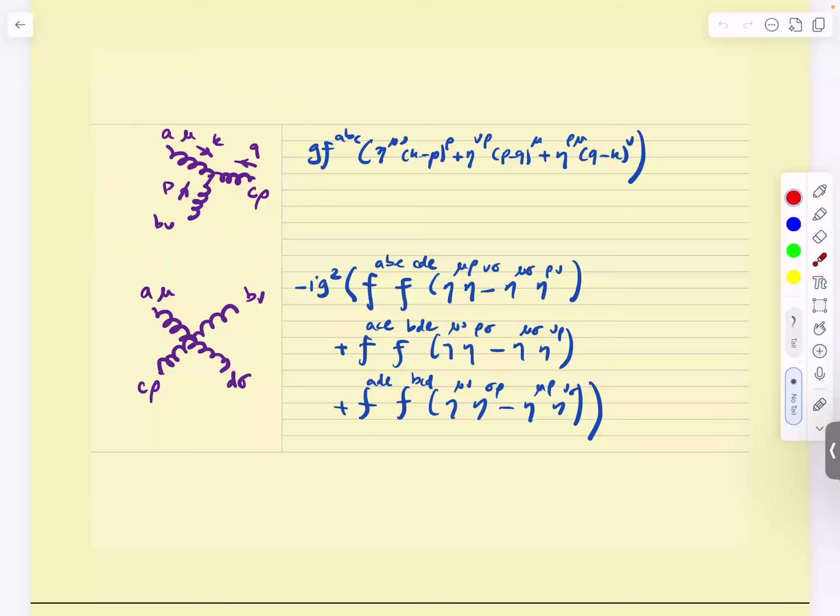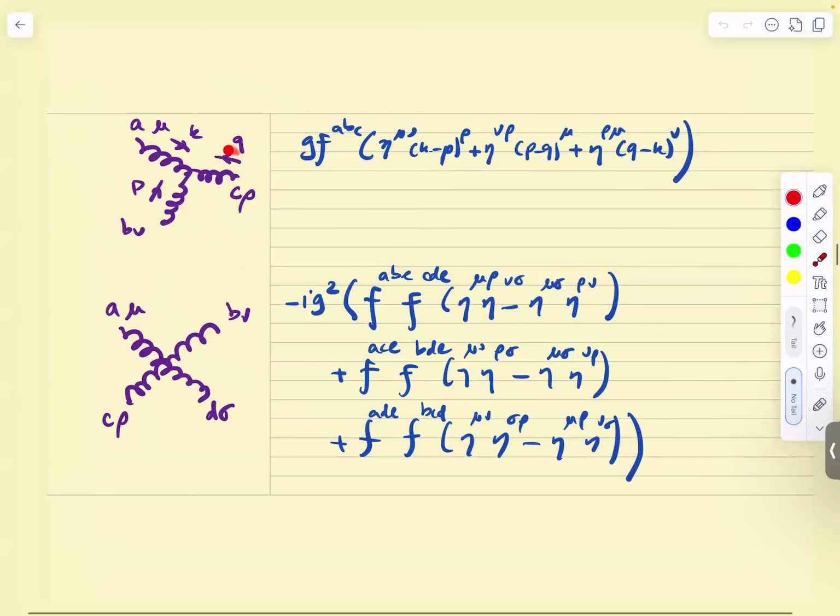So the 3-point function looks like this. It's easiest to draw all these momenta flowing in, right? So there's A, B, C, mu, nu, rho. Those are Lorentz indices. And the momenta are flowing in. It looks like the following. g is the coupling, of course. It will be related to g f^{ABC}. You can guess by the number of adjoint labels. Then the structure is kind of interesting.